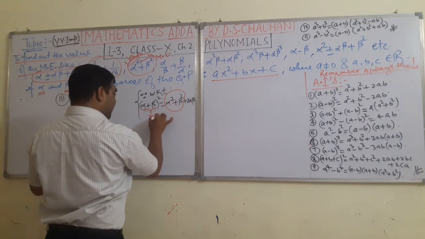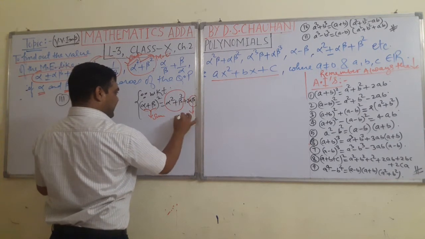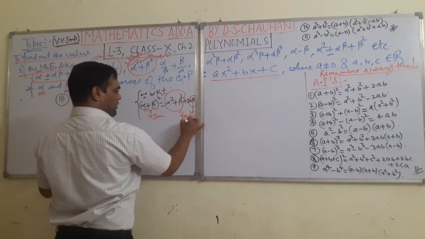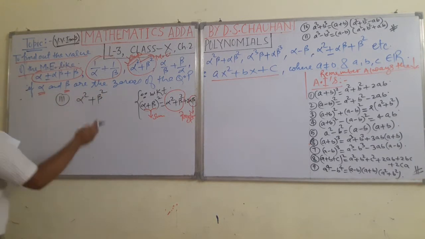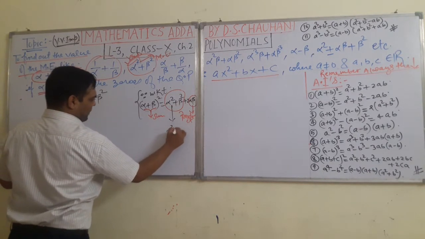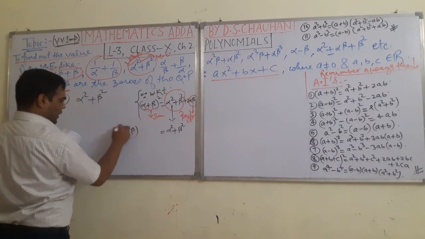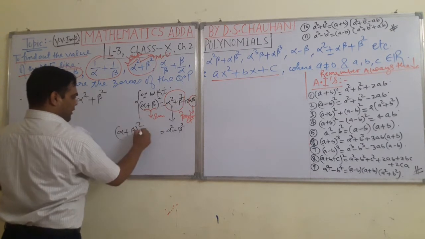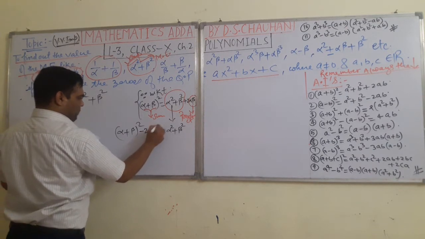This is sum. We all are knowing, and this is what? This is product. Still, this is also known. So very easily we can proceed, students. See it how? So from here we can note down alpha square plus beta square. It will be alpha plus beta to the whole square. Taking on left side, we have this plus 2 alpha beta. It will come as minus 2 alpha beta.